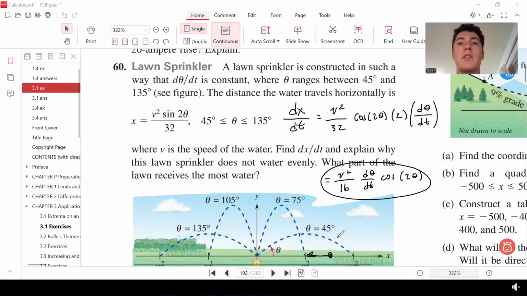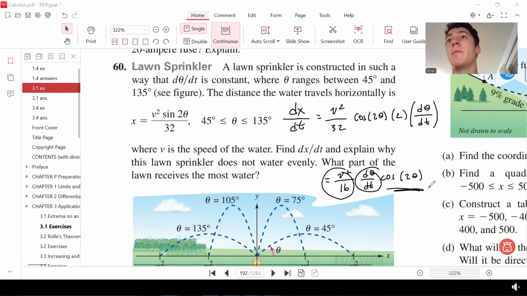So if this rate were a constant with time, then we would know that the lawn is getting watered at a constant rate. But this is not a constant. Here is a constant. This is a constant. But this here actually changes with time because theta changes with time.